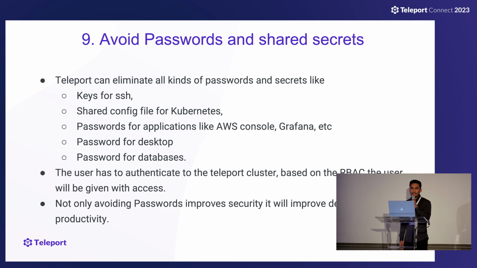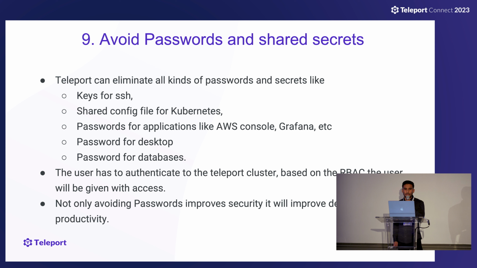Teleport is completely identity based and does not use any secrets. You can eliminate all kinds of passwords and secrets like keys for SSH, shared configuration files for Kubernetes, passwords for applications like AWS consoles and Grafana, passwords for desktops, and usernames and passwords for databases.